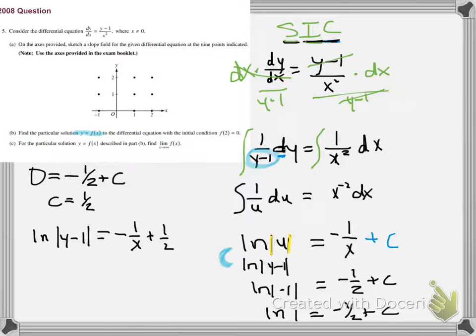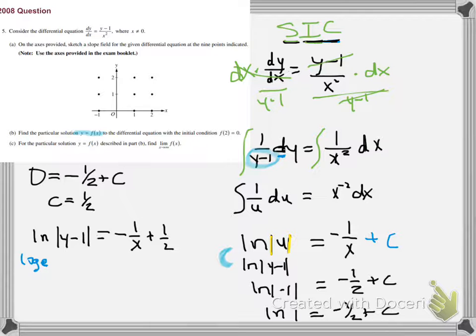But I'm going to go ahead and take care of this for us. So I really want to get rid of this ln here. So I know I can use e, or I can change this into log. This is really log base e, right? So ln is really log base e. So I can go ahead and change this from log form into exponential form.